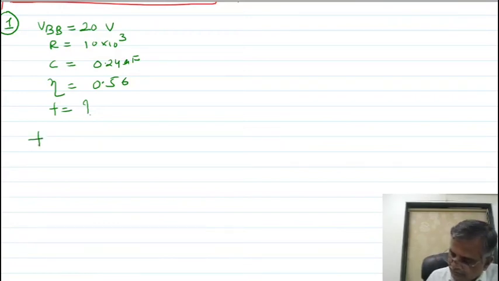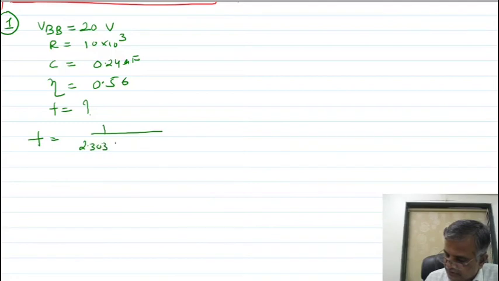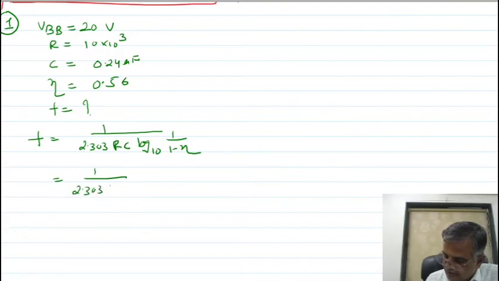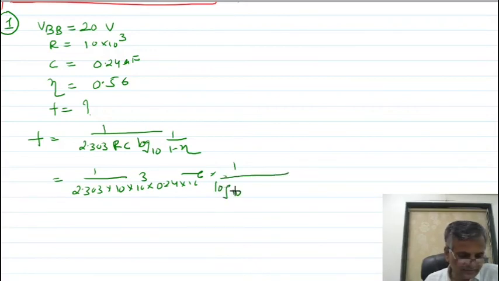We already know that frequency is 1 upon 2.303 into RC log base 10 1 upon 1 minus eta. So 1 upon 2.303, R is 10 into 10 raised to 3, C is 0.24 into 10 raised to minus 6, into 1 upon log 10 1 upon 1 minus 0.56.